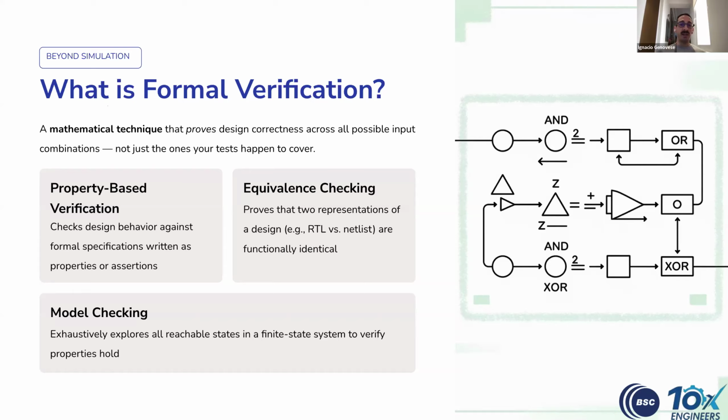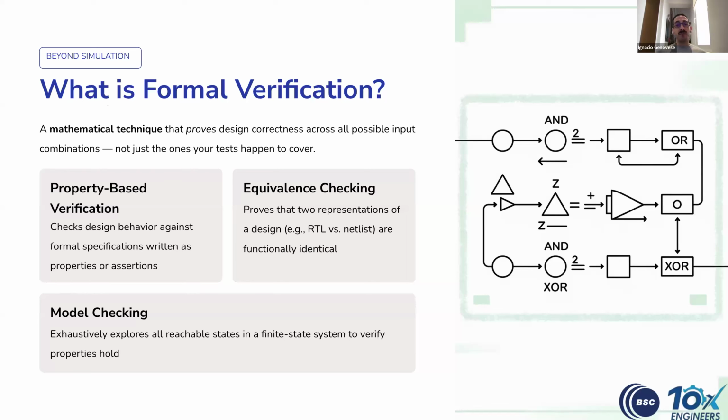It's essential for checking that the tools didn't introduce any bugs. And another type is model checking, where we exhaustively explore all of the reachable states in FSMs, proving that properties hold everywhere and not just where the tests reach.